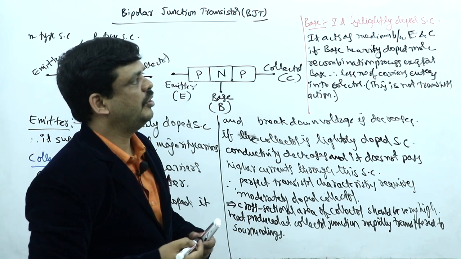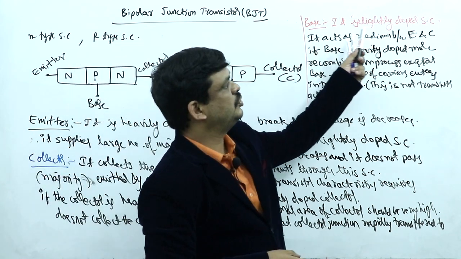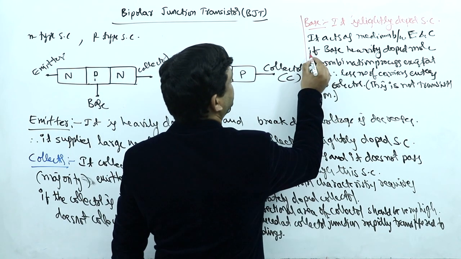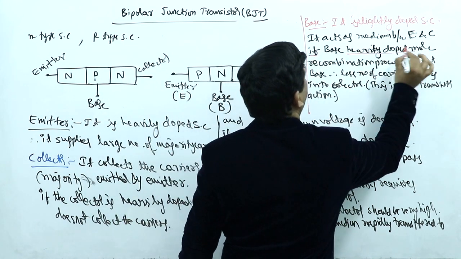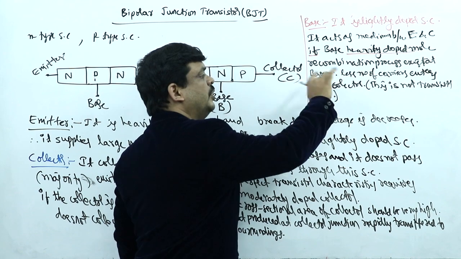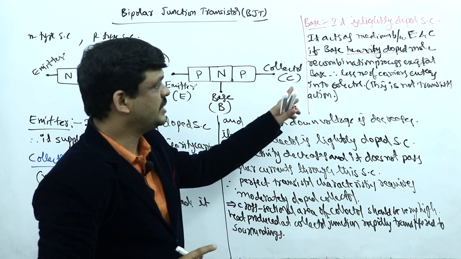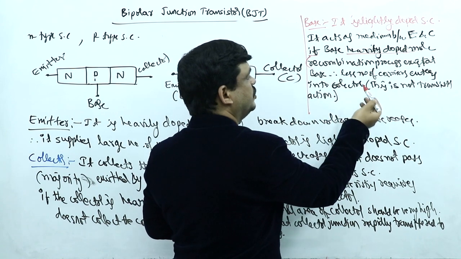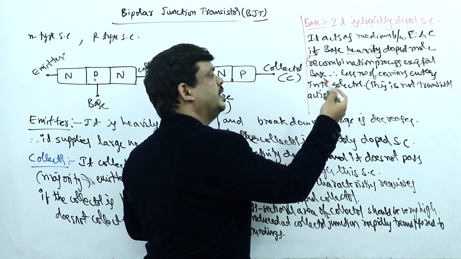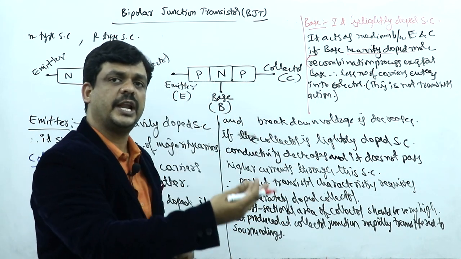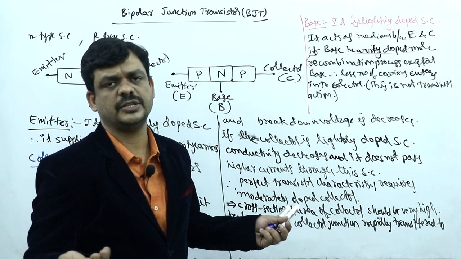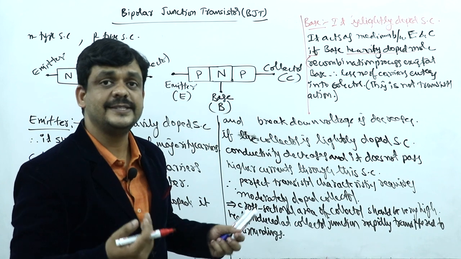That's why we always want the base to be a lightly doped semiconductor. So here I have written one simple point: if it is heavily doped, what are the drawbacks? Recombination exists here, and due to that, fewer carriers enter into the collector. So not all the carriers enter into the collector, and automatically the collector current decreases.